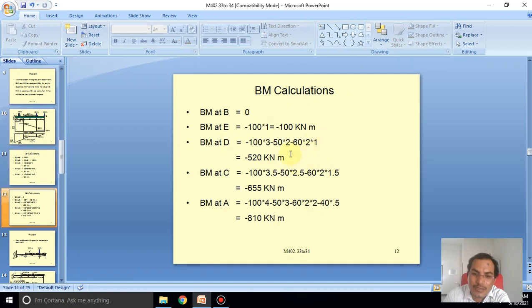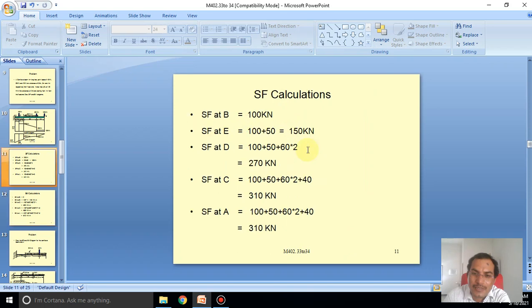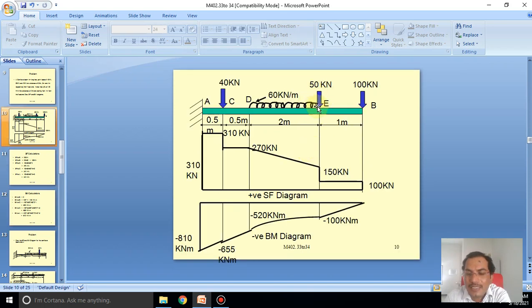From B to E it is minus 100 kilonewton, and then E to D is the UDL load. We can draw the curvature, some curvature occurs here.